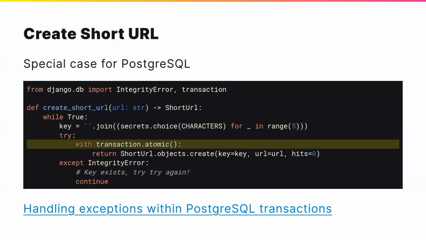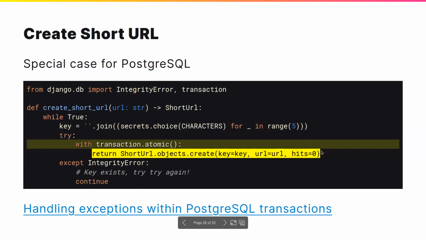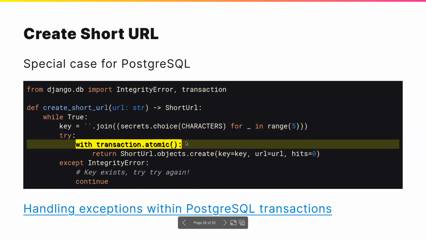So I'm not going to go too deep into the special case here for Postgres, but I would just say that if you're using Postgres and you want to implement this pattern in your code, then you need to execute this inside a nested transaction.